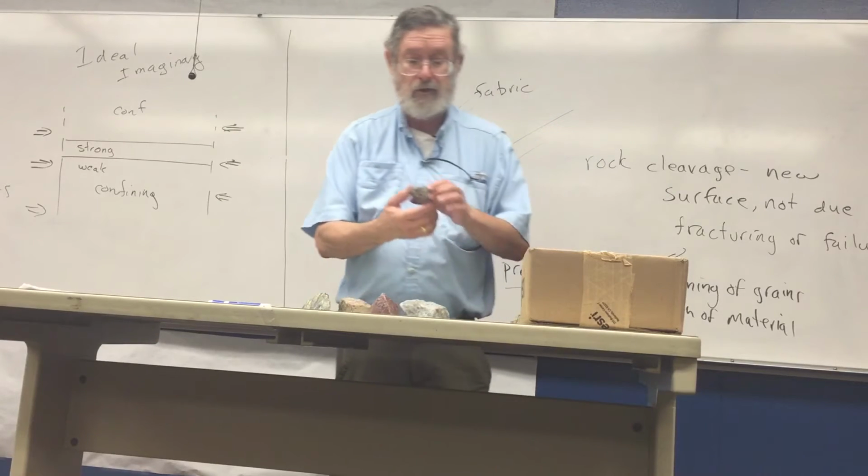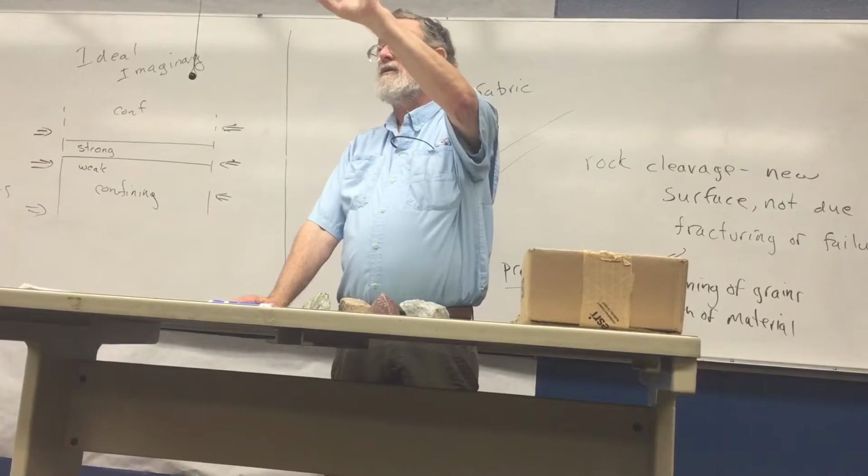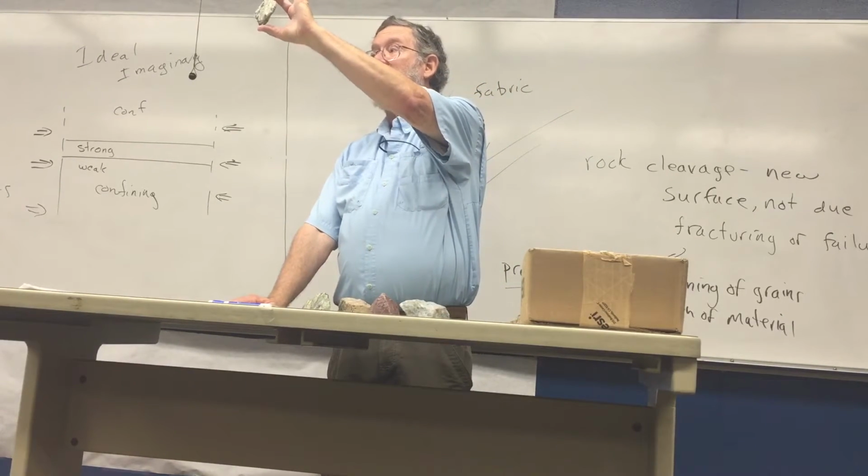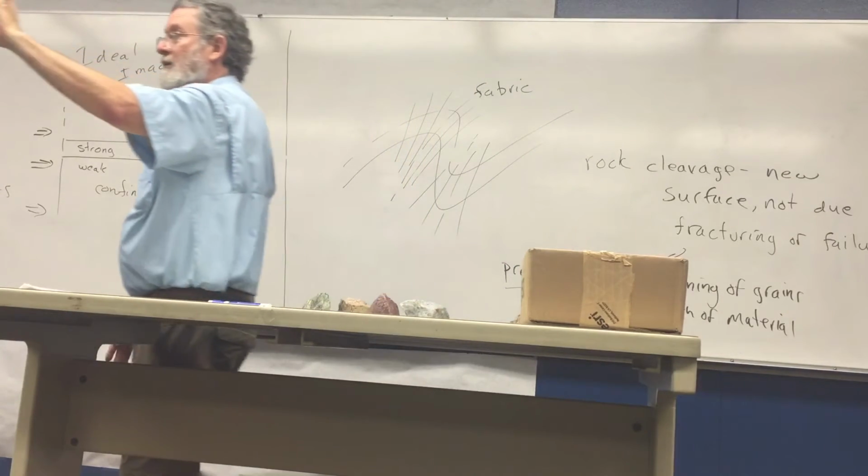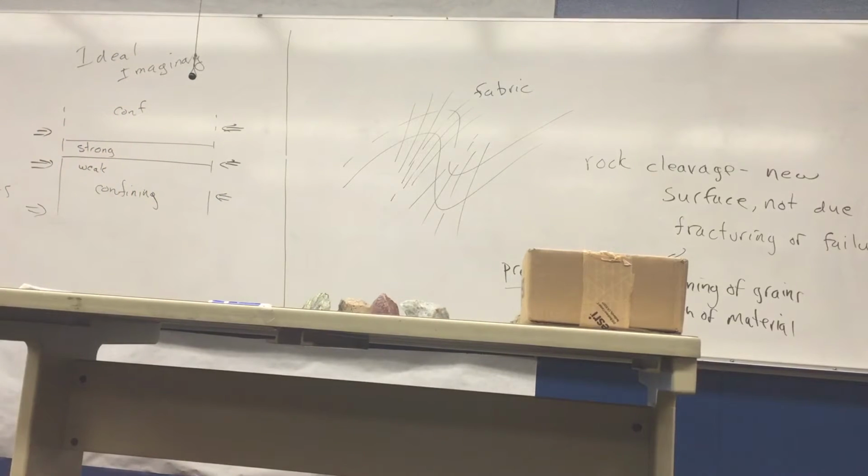If we were to look at this, what would you call this? It's got nice, shiny, big muscovites in here. It has a fabric cutting through here. When I look at it, I see a great deal of garnet, a few staurolites, mostly garnet. Higher grade. Is this a slate? Is this a schist? Is this a gneiss?